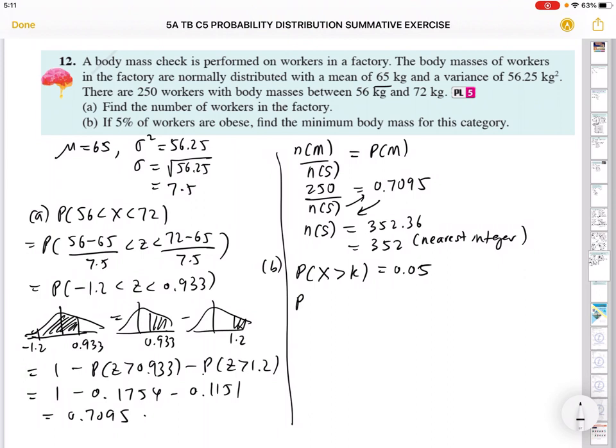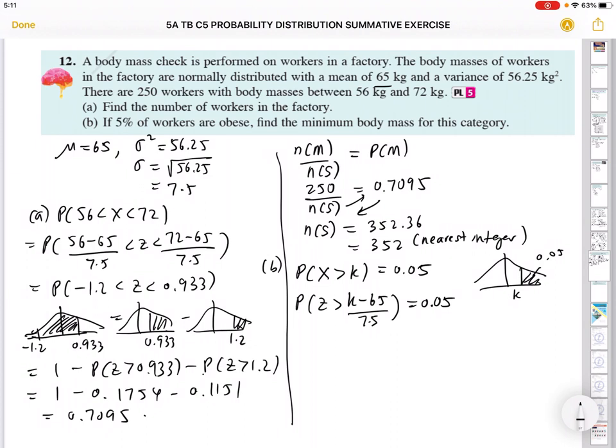Now we have to standardize this first. K minus mu. My mu is 65, standard deviation 7.5. This is 0.05. Now use your mathematical table. If you read from the mathematical table, when this is 0.05, my z value is 1.645.